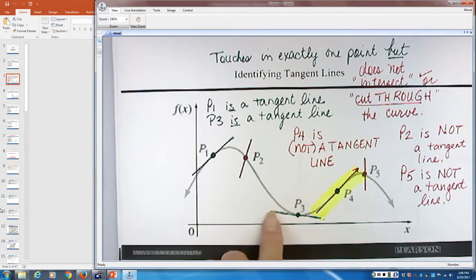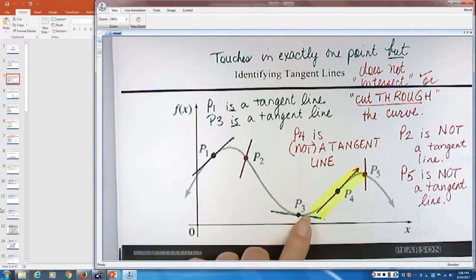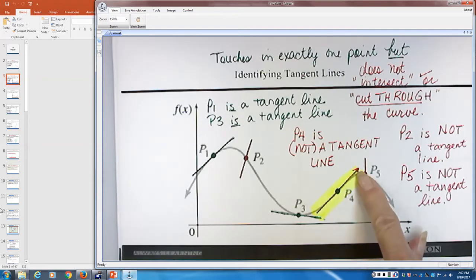And at P3, the curve is doing kind of what the slope of P3 is doing. It's basically decreasing or having a negative slope. And the truth of the matter is, what's this curve doing as you approach P4? Is it increasing or decreasing? It's increasing, so it has a positive slope. Does P4 have a positive slope?